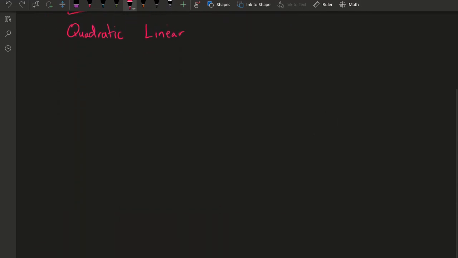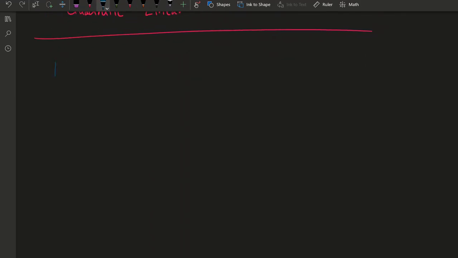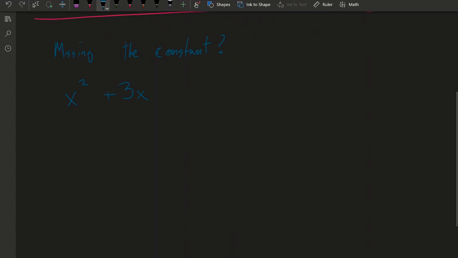So let's go ahead and start. What if we are missing the constant? If we have something like x squared plus 3x, there are two different ways we can go about this, and I'll show them both to you.